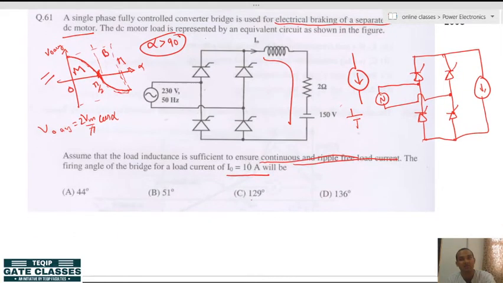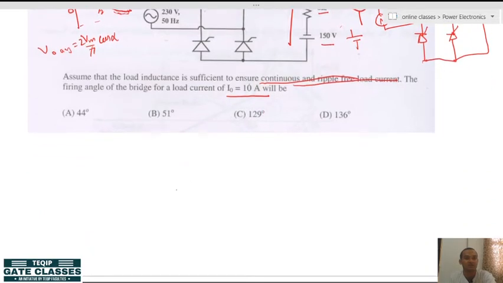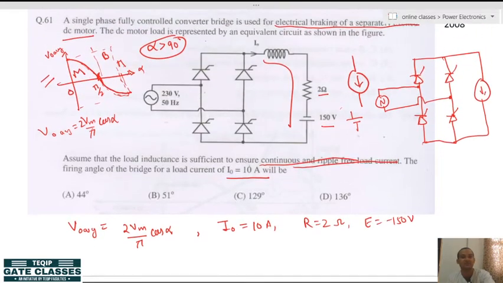Now, see here, you have been given 2 and you have been given 150. We know that the average output voltage is given as 2Vm upon pi cos alpha, and we are also given I naught equal to 10 ampere, R equal to 2 ohm and E equal to minus 150 volts, because the supply is reversed.